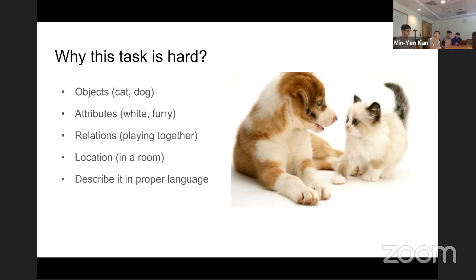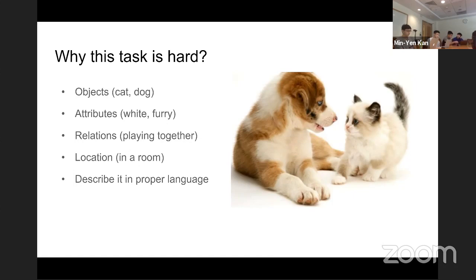In this case, it is a cat and a dog, and also you need to know their attributes, such as it is a white cat, and it's also a furry cat. And also you need to understand the relations because these two are playing together. And also you need to understand the location. These are all very hard for neural models.